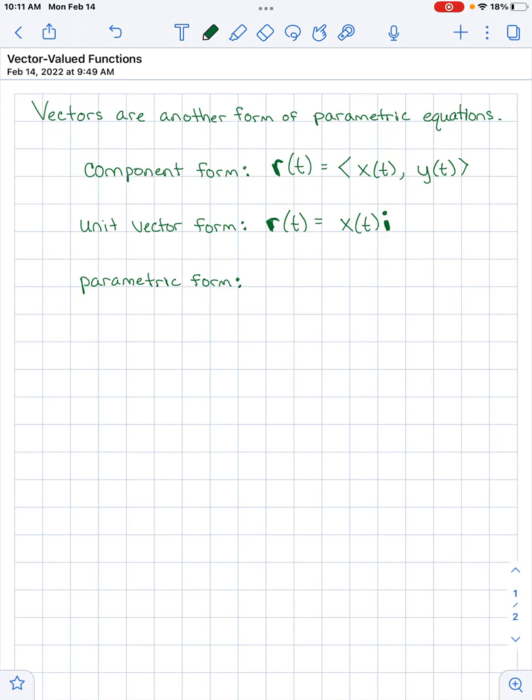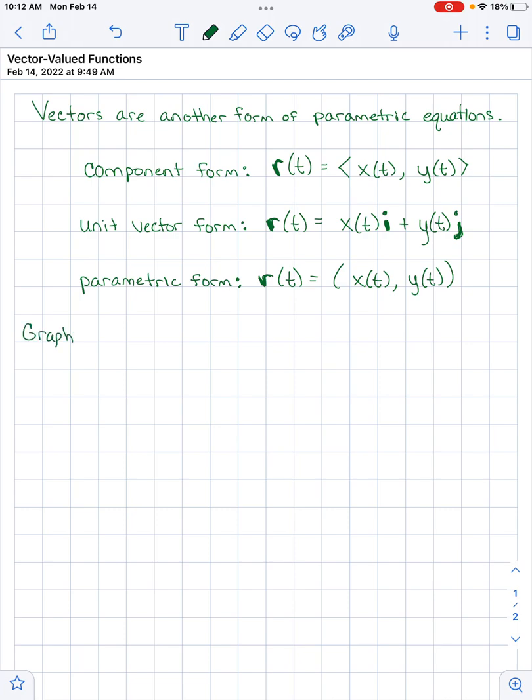Not something you should really worry too much about. And then the vertical unit vector is the vector j. And then parametric form is just looking at its two components as parameters, x of t, y of t, like that. That's parametric form. Most of the time you'll see this in component form.